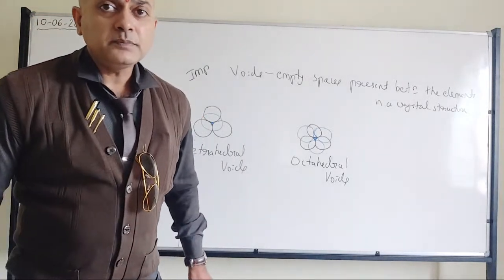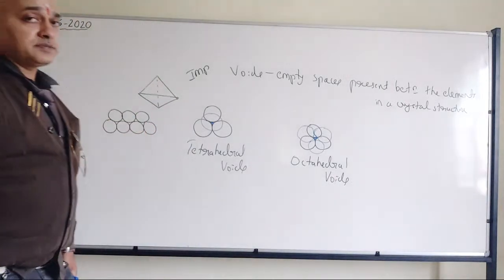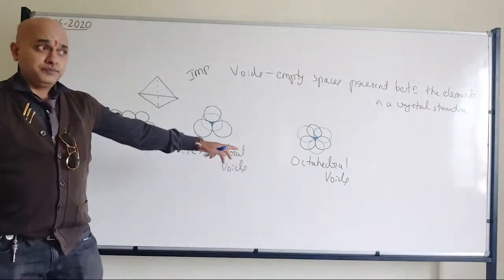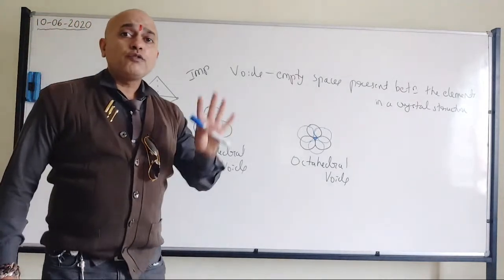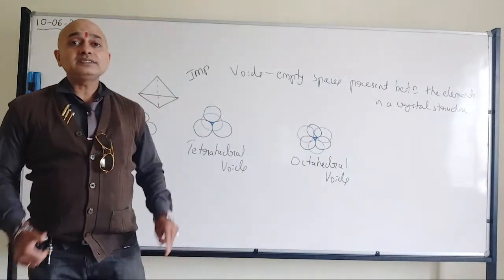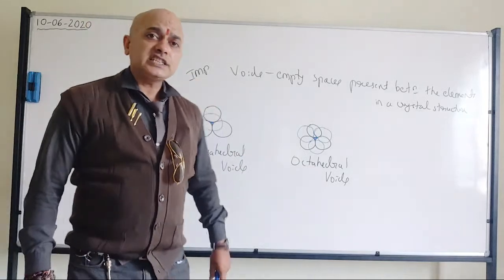Am I clear? So therefore, when it comes to voids, we have 2 types: tetrahedral voids and octahedral voids. With respect to tetrahedral voids, 4 elements are involved. With respect to octahedral voids, 6 elements are involved. All of you have understood?